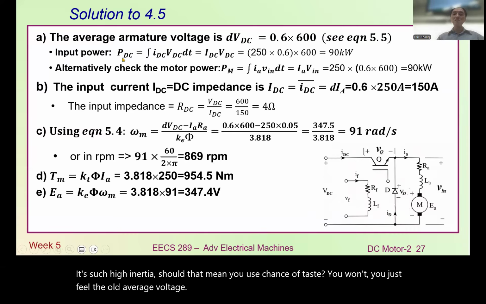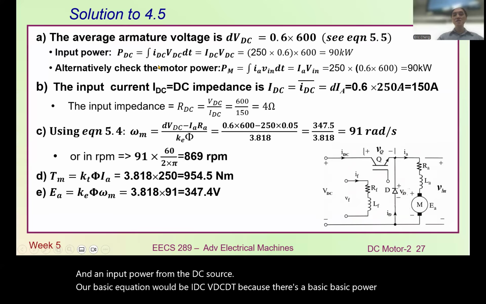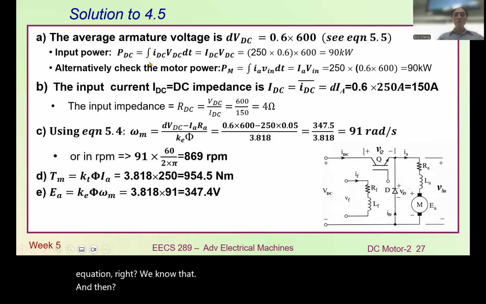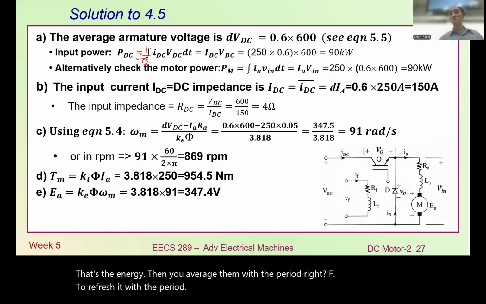And the input power from the DC source, our basic equation will be the integral of IDC times VDC dt. That's a basic power equation, right? We know that. And then, of course, here we need to average. That's the energy, then you average it over the period to get the power.